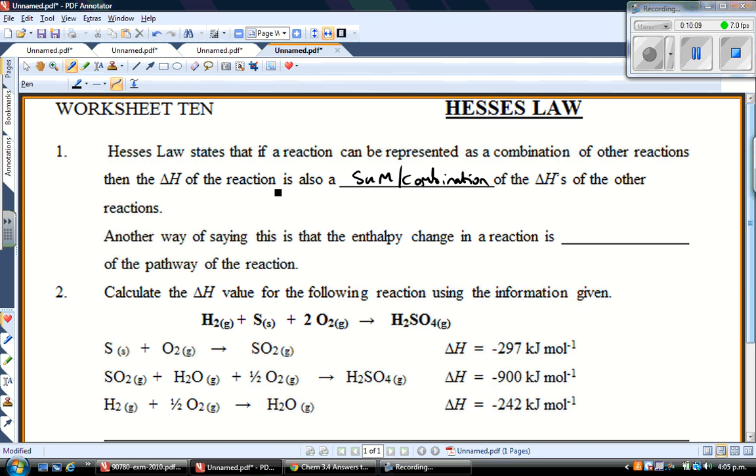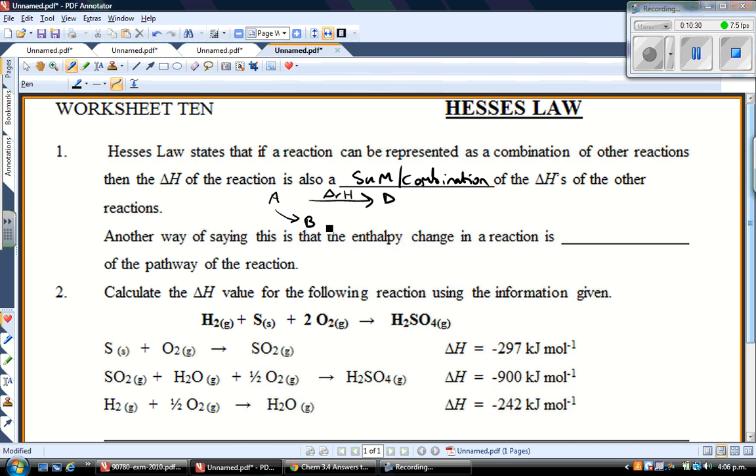So in other words, if you had one reaction where you went from reactant A to the product, represented by the letter D, the enthalpy for that reaction, delta H, would be equal to doing this reaction in individual steps.